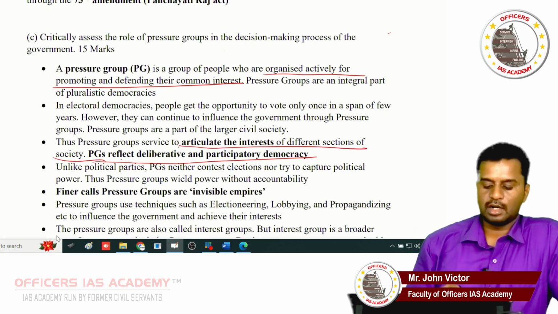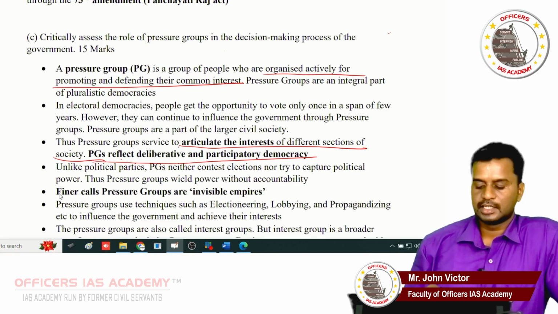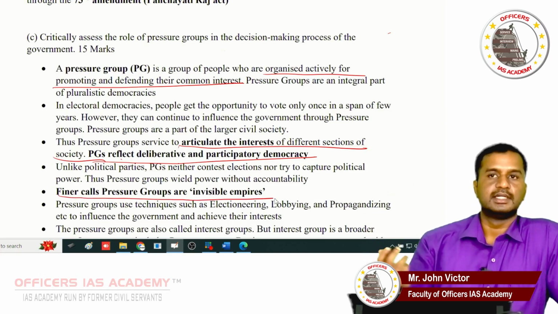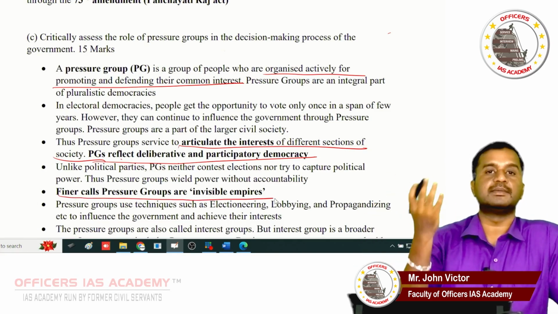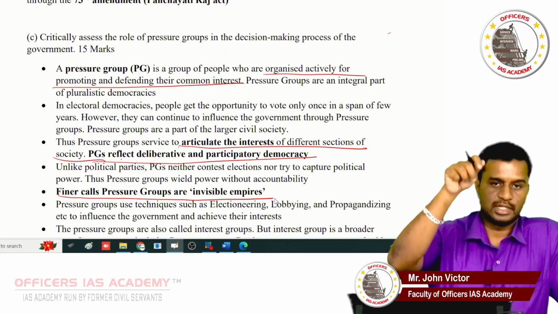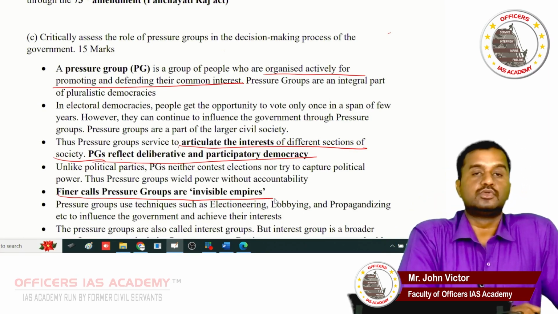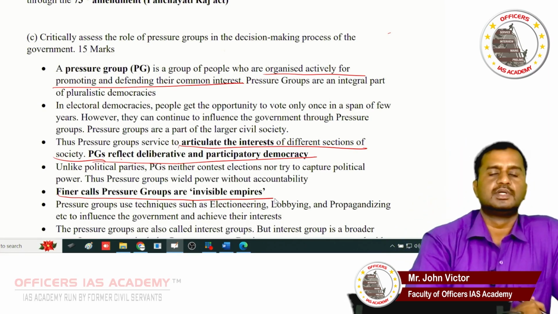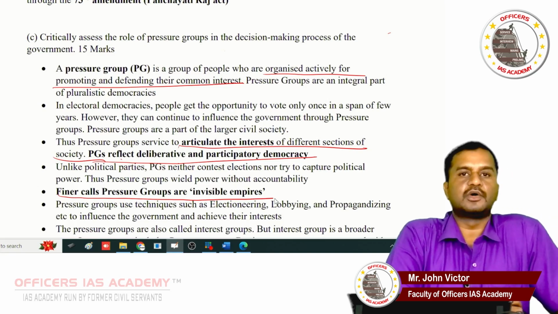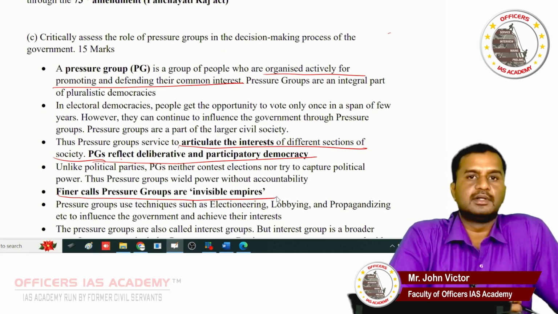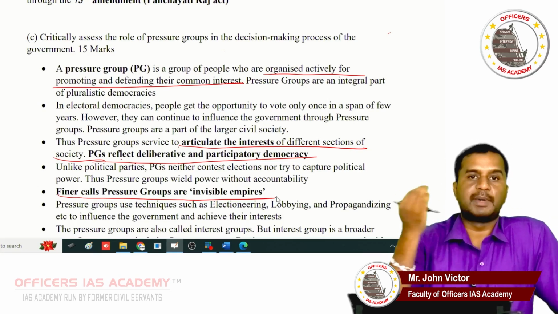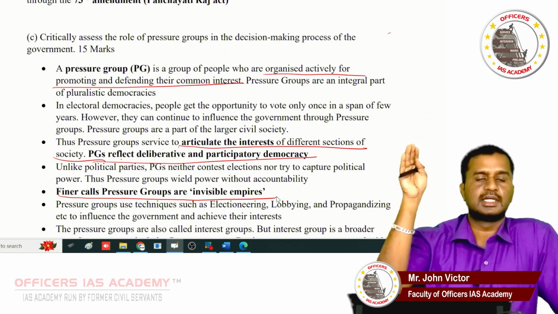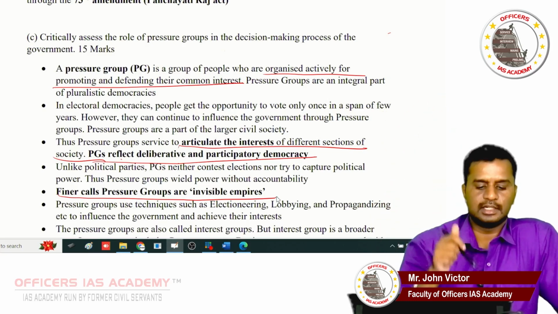The scholar Finer called pressure groups invisible empires. They reflect pluralism. We can't see them, but we can actually see pressure groups through the concept of pluralism. Political parties are visible on the outside. Pressure groups are invisible, but they have their power. They influence the political parties and they assert their will in democracy.